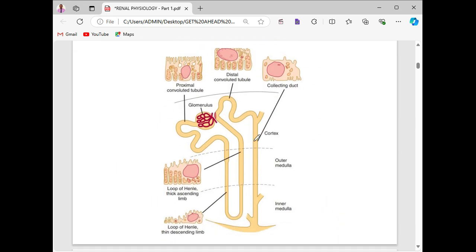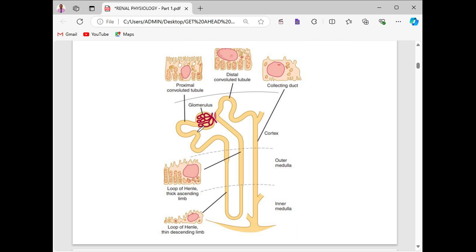This is the structure of a nephron. You'll find that you have the Bowman's capsule, and remember earlier we said that when you combine the Bowman's capsule and the glomerulus, the glomerulus is just inside the Bowman's capsule.